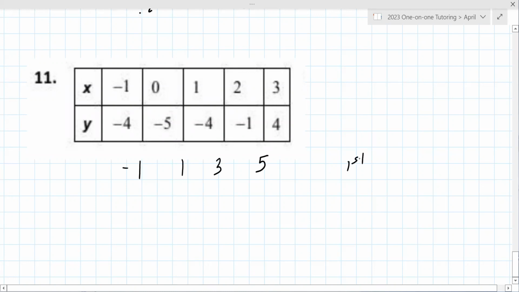That's the first difference. Now what's really cool is if you take a second difference, 1 minus -1, you get 2. 3 minus 1 is 2. 5 minus 3 is 2. If the second difference is common, it is quadratic.